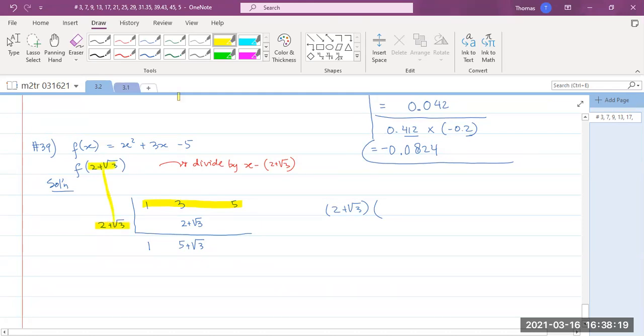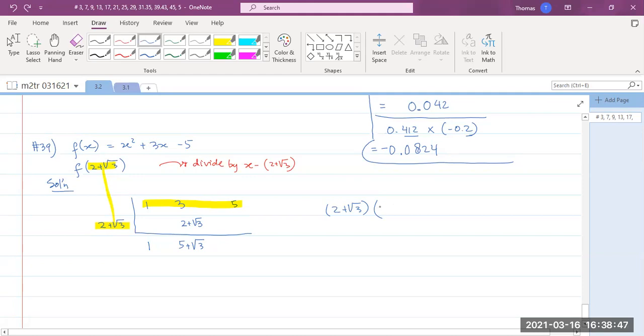Now, just like before, the first number falls down, and then I multiply by that, give me this. Then after that, I get that 2 plus radical 3, I add. When I add, I get 3 plus 2, I get 5 plus radical 3 by itself.